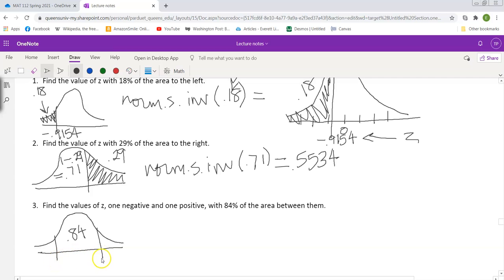One's going to be negative, one's going to be positive. So if we've got 0.84 in the middle, it means we've got 0.16 on the outside, because it's 1 minus 0.84. And then if we divide that evenly between the two tails, it means we've got 0.08 over here and 0.08 over here.